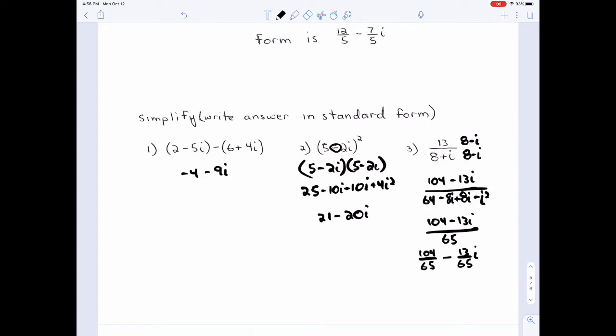I think the most obvious one is the 13 and the 65. 13 goes into 13 once, and 13 goes into 65 5 times. 13 goes into 104 8 times, and into 65 5 times. I'm not so much concerned with the canceling, although you should be able to do that. But you should know how to split it up into standard form, if I ask for it, or if Alex asks for it.